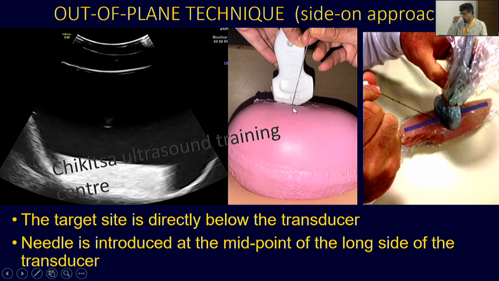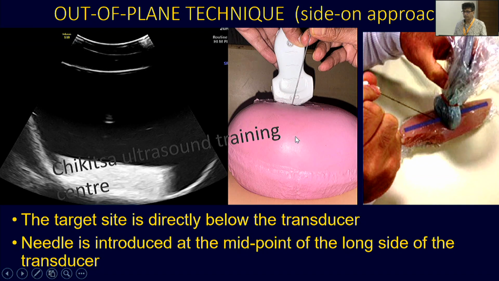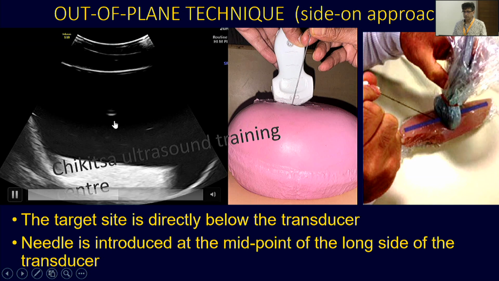Here you put the transducer directly over the target site. Wherever you want to puncture, you put the target site below your transducer, and then the needle is introduced at the midpoint of the long side of the transducer, and you can see the needle tip advancing towards the target site.